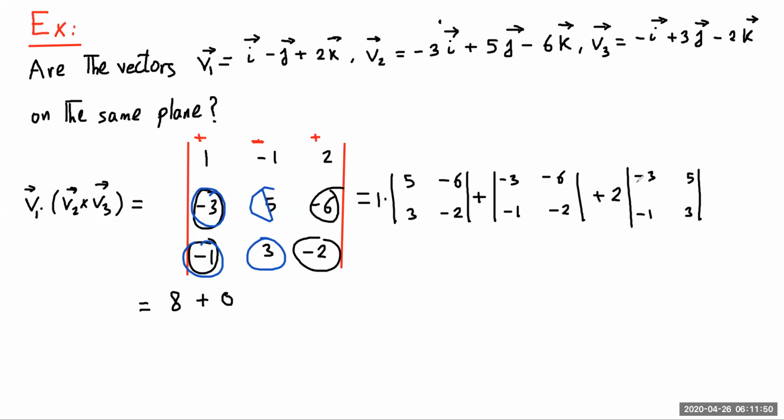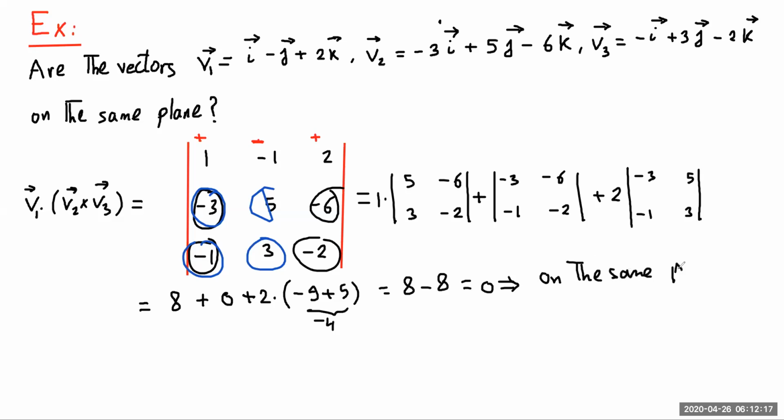Now here I have plus 2 outside times minus 9 plus 5, so I have minus 4. This is minus 4 times 2, minus 8. So 8 minus 8. So the final answer is 0. So they are on the same plane.